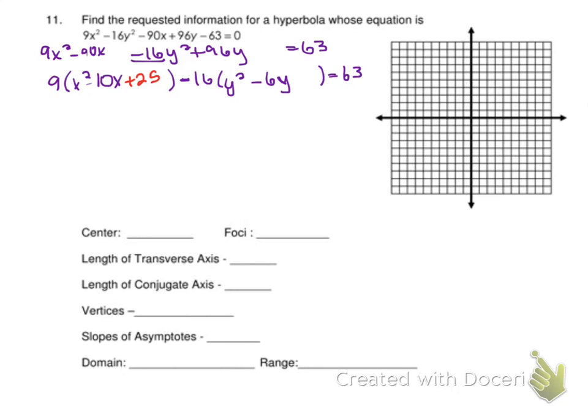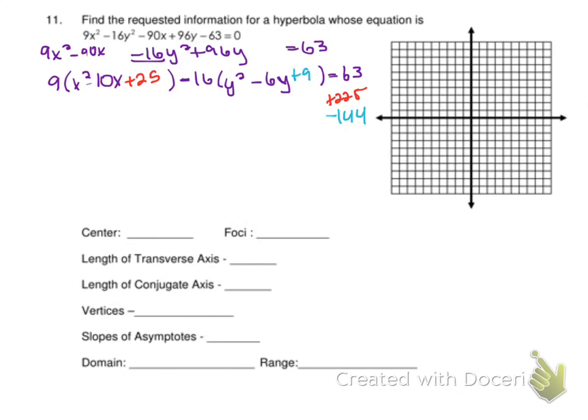So the next thing I'm going to do is take the 10, divide by 2 and square it, which is 25. However, I'm adding 25 nine times, so I'm really adding 225. The 6 divided by 2 squared is 9, but 9 times negative 16 is negative 144.